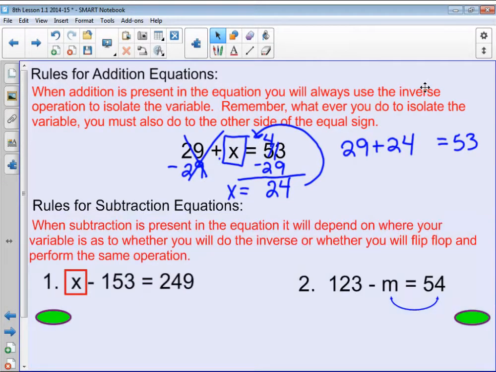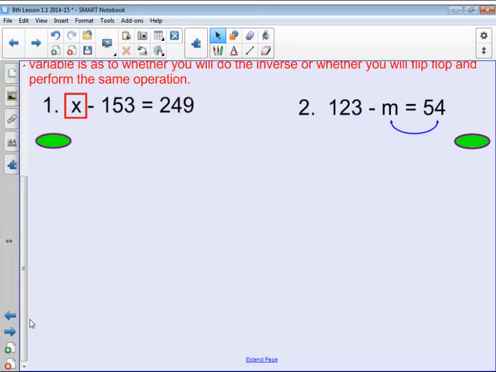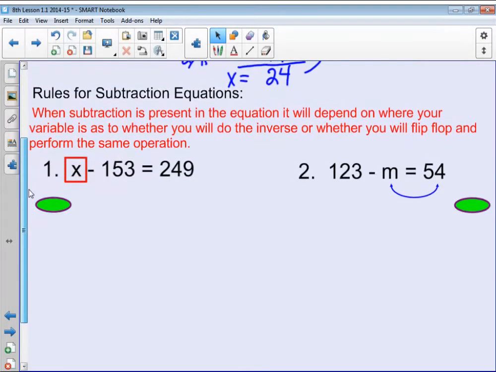Okay, we're going to go ahead and move on with rules for subtraction in equations. I'm going to slide this down a little bit, extend my page just so that we don't see all of the other. So our rules for subtraction equations. When subtraction is present in an equation, it will depend on where your variable is as to whether you will do the inverse, which is the opposite, or whether you will flip-flop and perform the same operation.